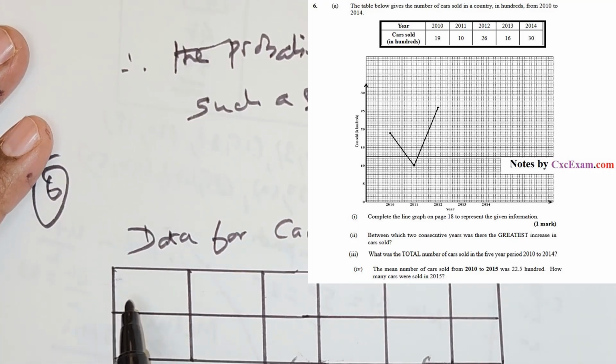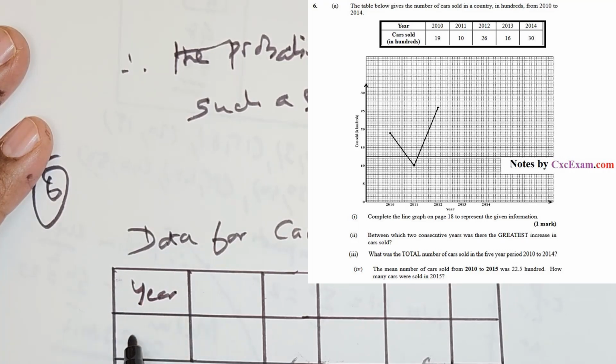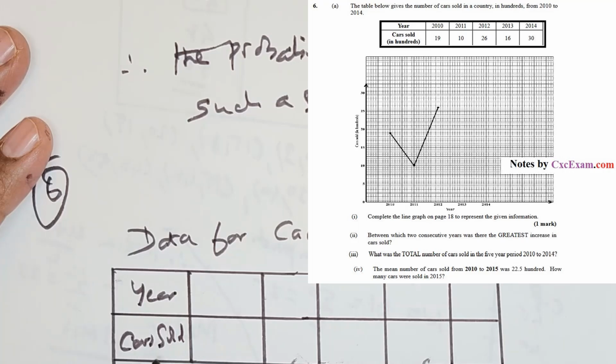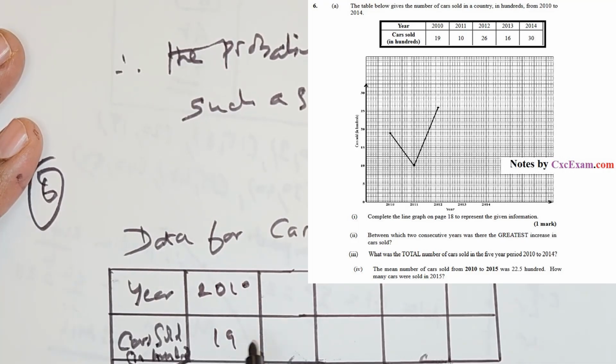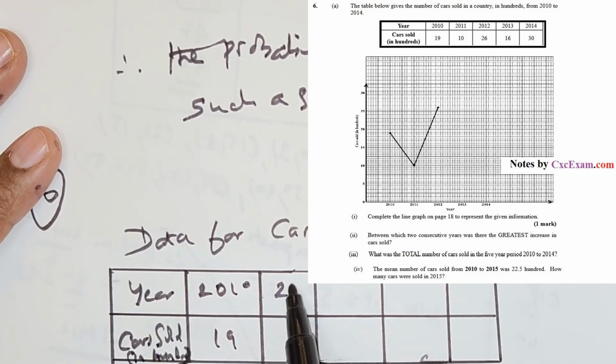The year is given and cars sold. This number indicates in hundreds. So in 2010 you have 1900 cars being sold.